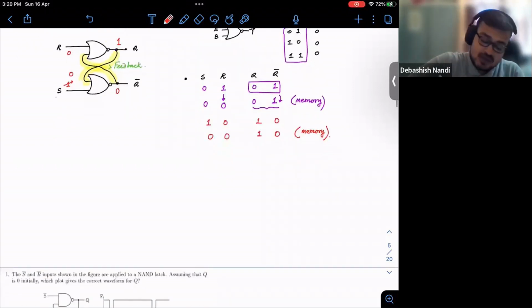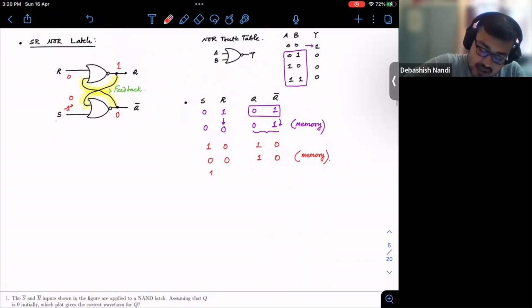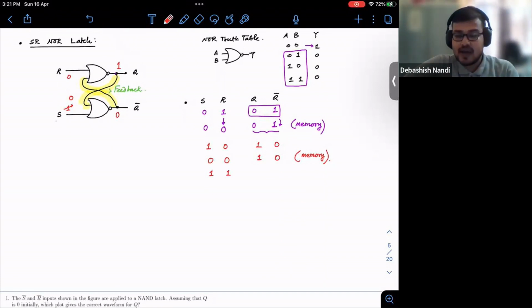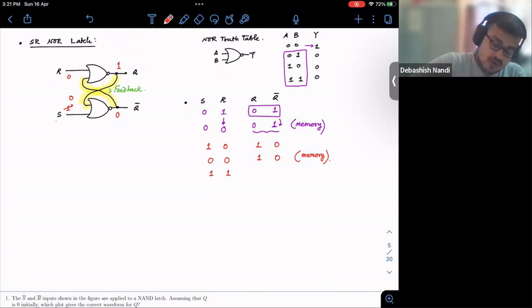Okay. And if you make S equal to 1, you would see that you cannot predict the output. Suppose you had this state, right? Now you make this one. Then 0 and 1 will make this 0, and 0 and 1 will make this 0.